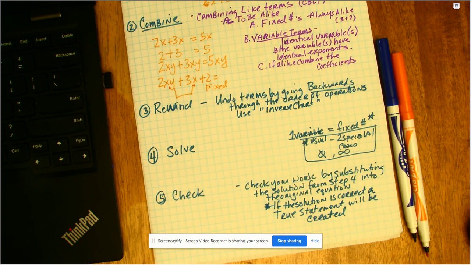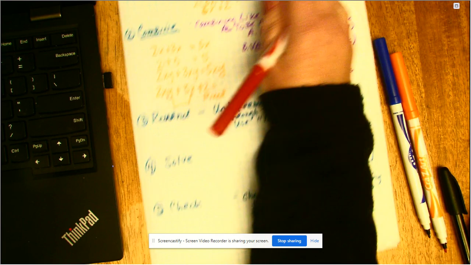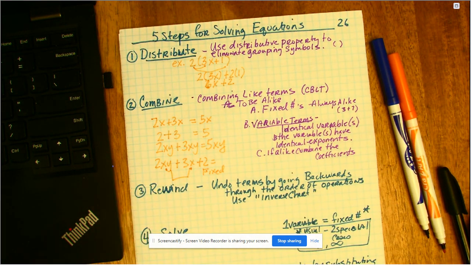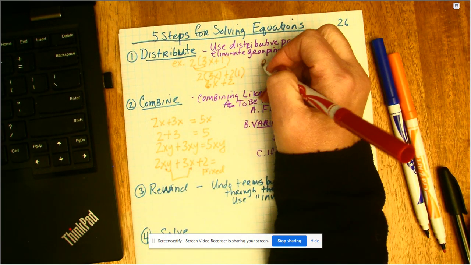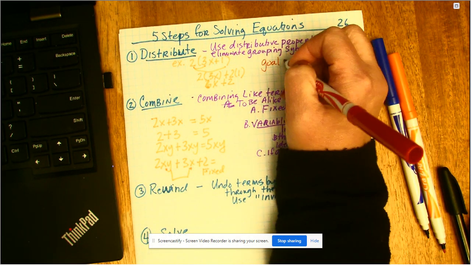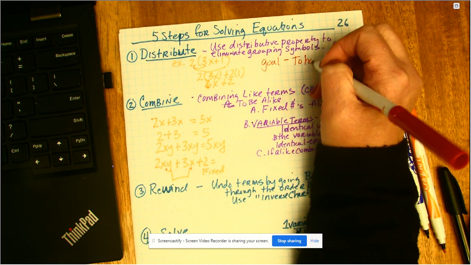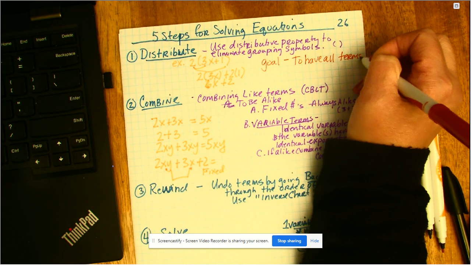What is the goal? So for distribute, our goal is to get things down to terms. Terms are separated by addition and subtraction or the equality sign. Okay, so the goal is to have all terms in the equation.